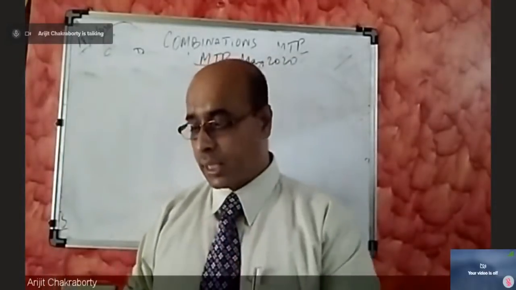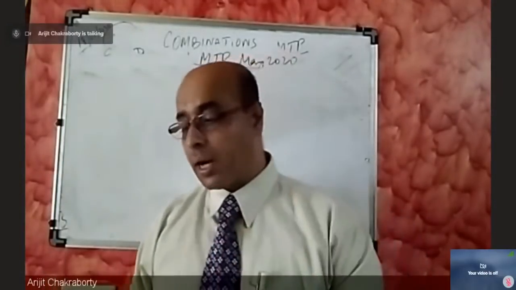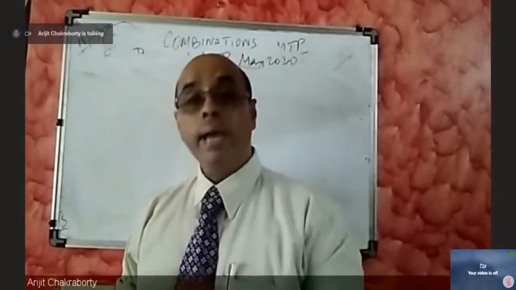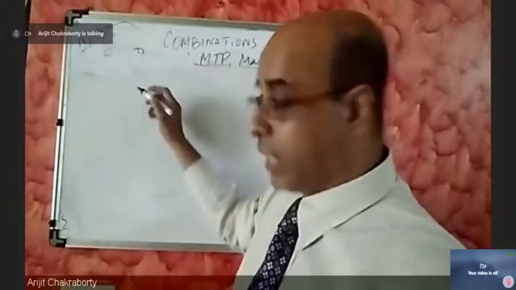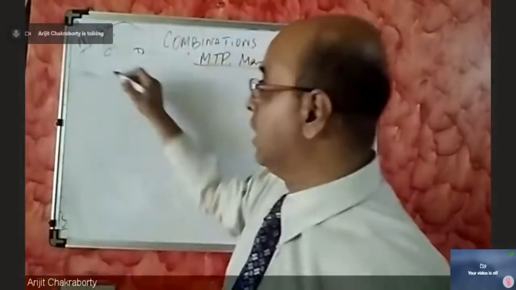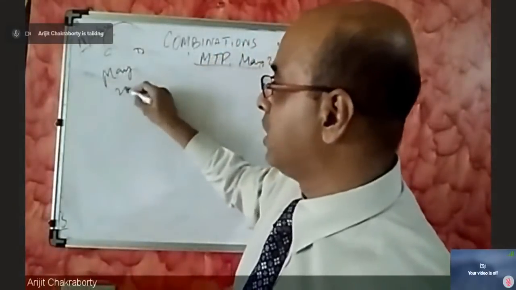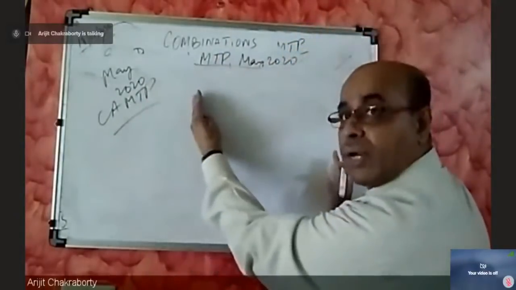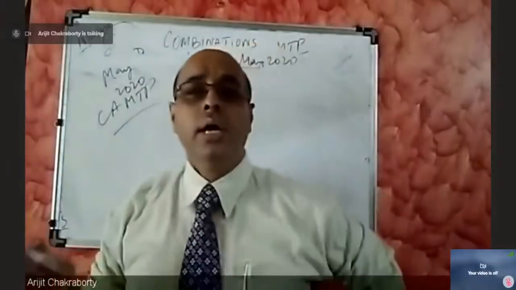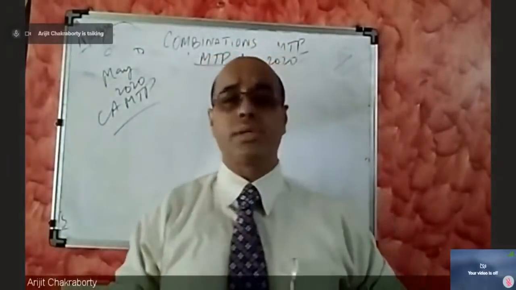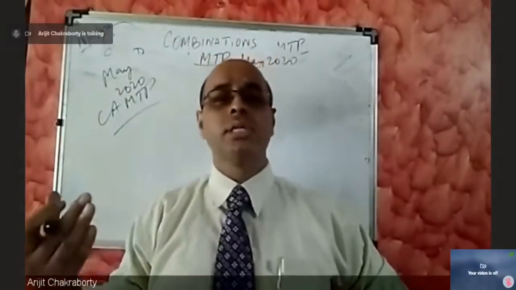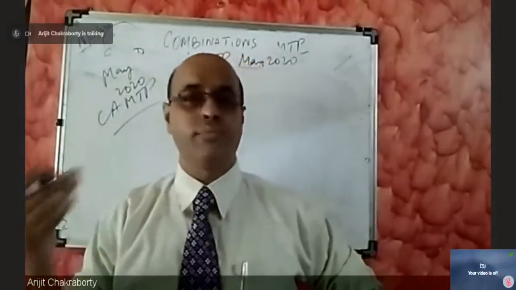It's a request which has come from Niharika from Bangalore, and the question is from MTP May 2020, CA MTP, very important, like the ones I solved. Very good, Niharika, thanks for pointing this out. Today being the last day of the session on permutation and combination, I took up many questions from the MTP and from exercises 5B, 5C and 5D.